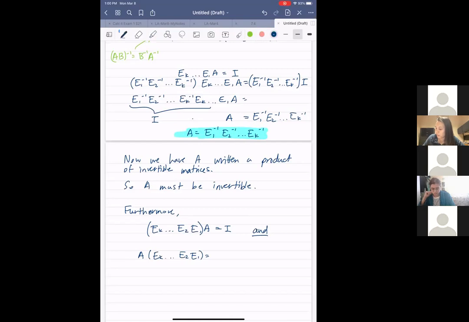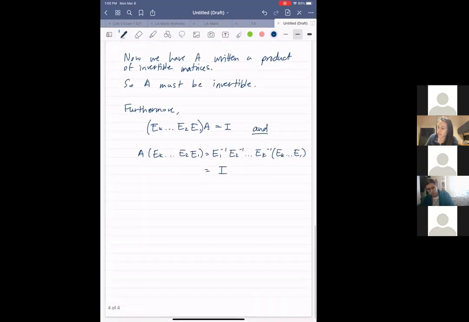So let me just plug that in for A. We get A times E1 inverse times E2 inverse, EK inverse, and then that'll be multiplied by EK up to E1. So again, this all just simplifies down to the identity. And what this shows is that this product of EK up to E1 is the inverse of A. So therefore, A inverse equals EK times EK minus 1 all the way down to E1.